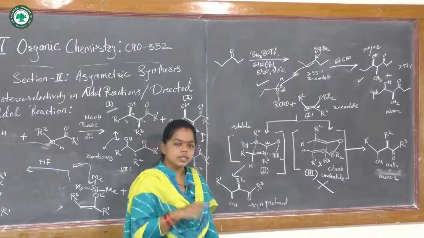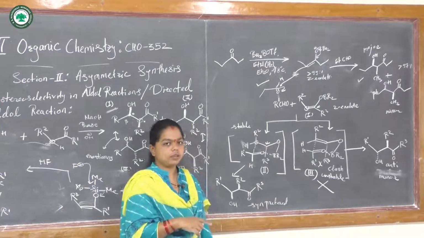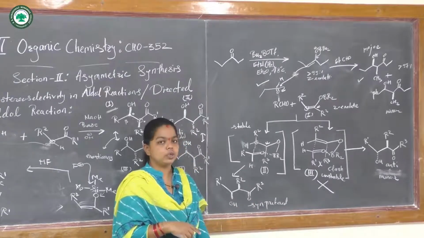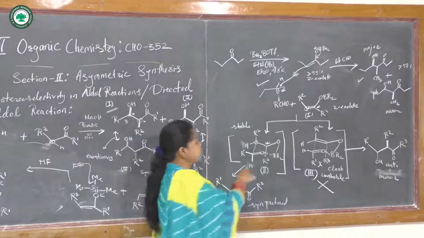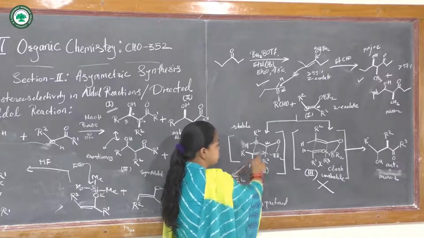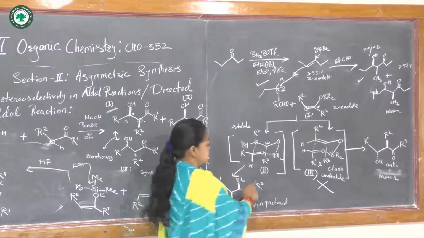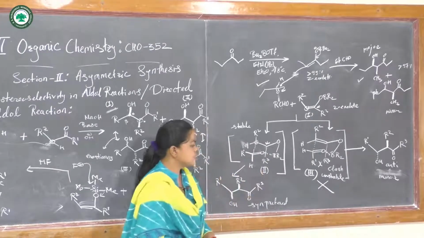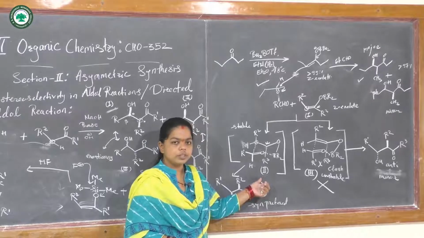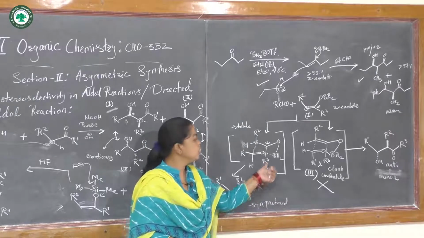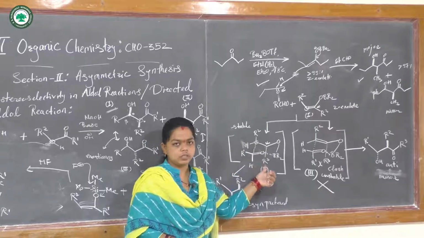That's why we get only the syn product for the Z enolate. So the Z enolate gives the syn product because it is formed via the stable chair-like transition state, the low-energy orientation for the two molecules.